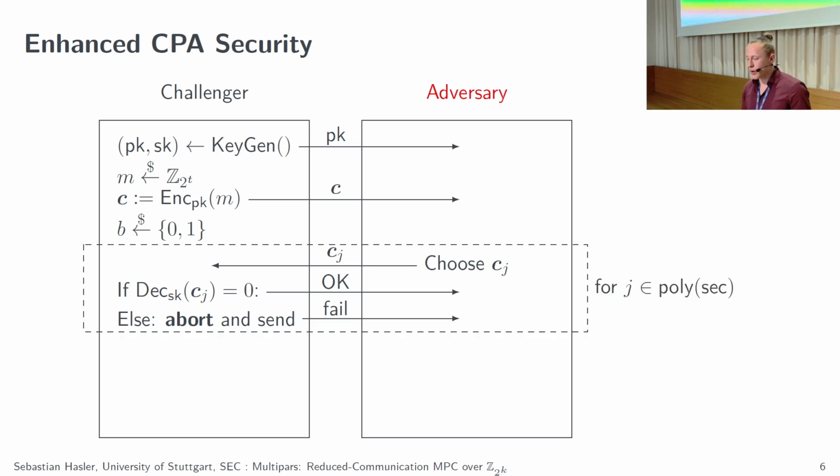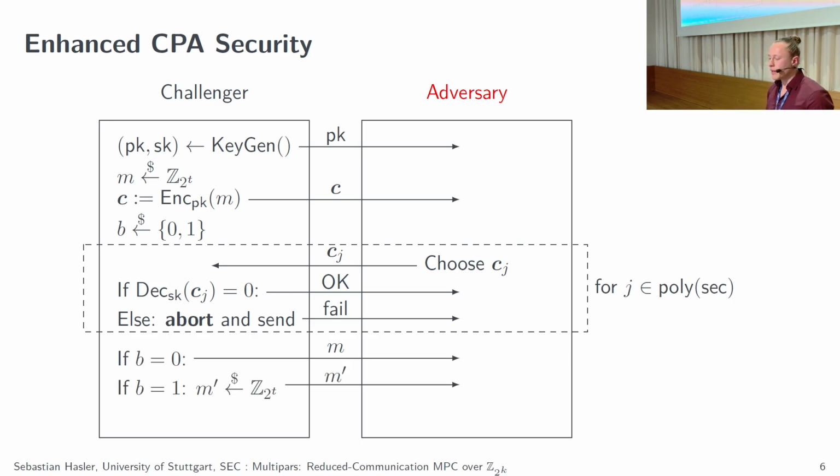So the adversary can make a polynomial number of these queries, and in the end, the adversary receives either M or a random message and is challenged to guess which one of these is the case.